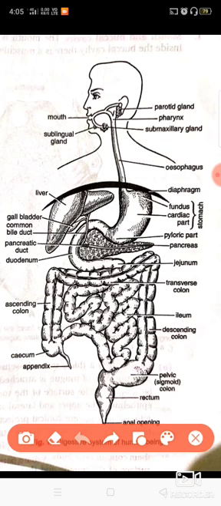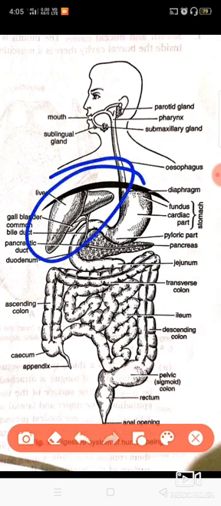Okay, so you can see this pancreatic duct, this structure, opening into the duodenum part.